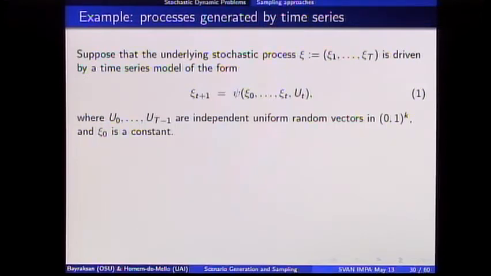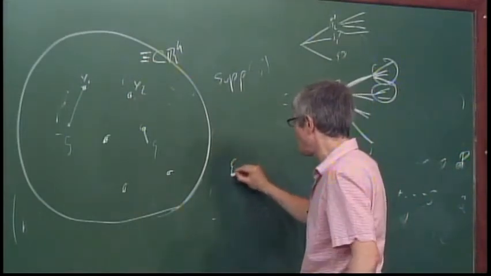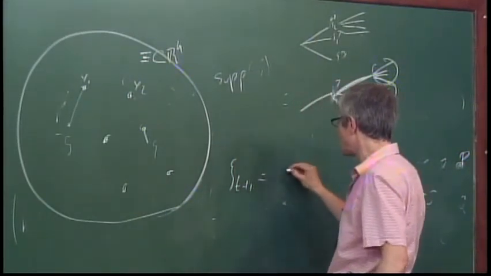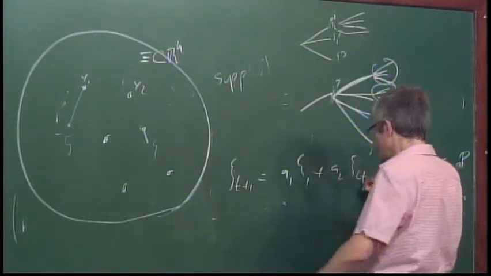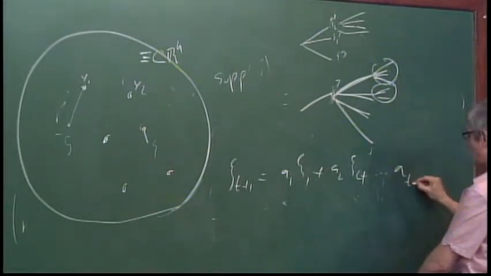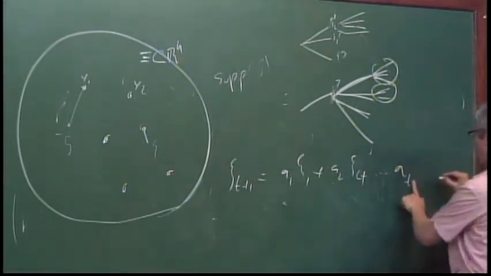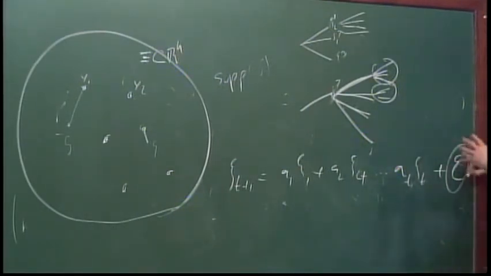For example, this could be an autoregressive process, where you can write the uncertainty at time t plus 1 as a linear combination, like a1 times c1 plus a2 times c2, plus some epsilon, where this is a noise that maybe has a normal distribution.